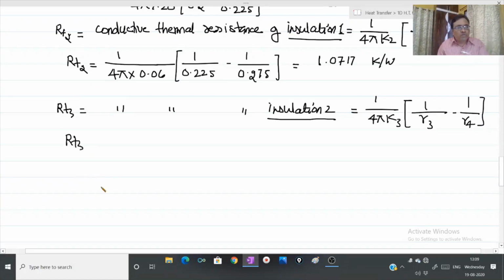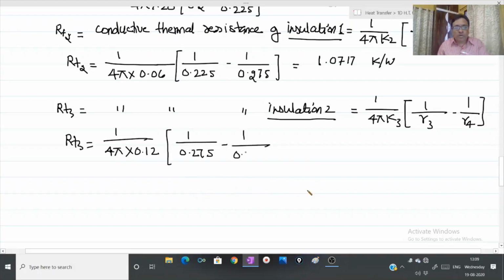Taking the values of these parameters, K3 is given as 0.12, R3 is 0.275 and R4 is given as 0.325. After calculation, I will get this value as Kelvin per watt.